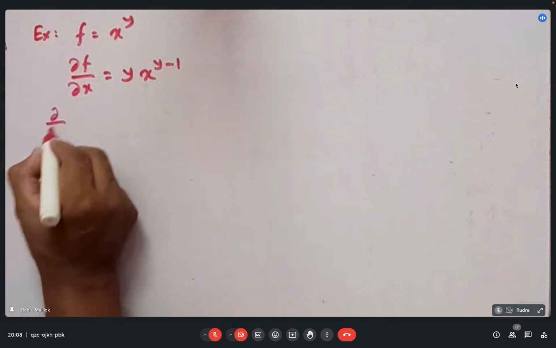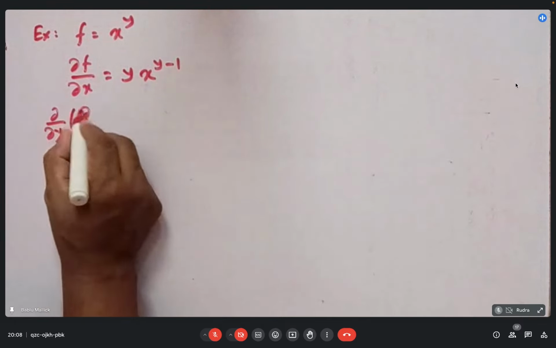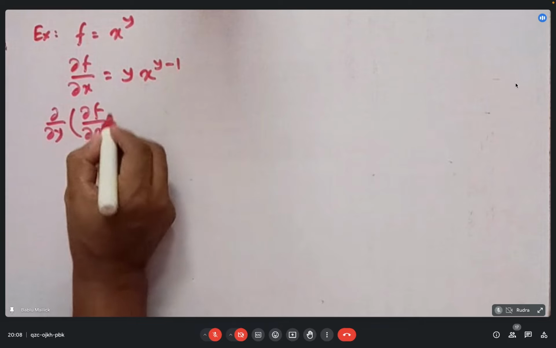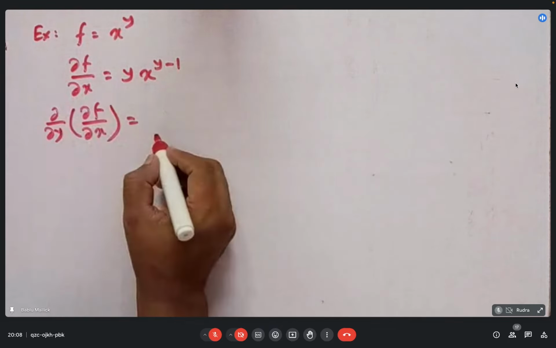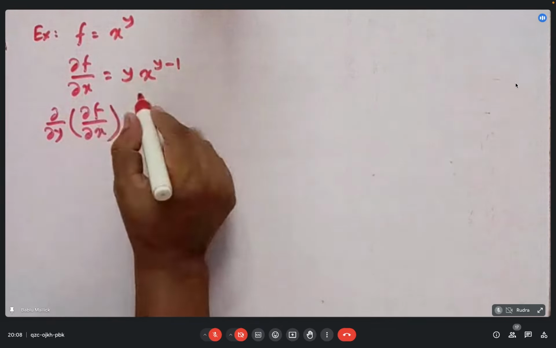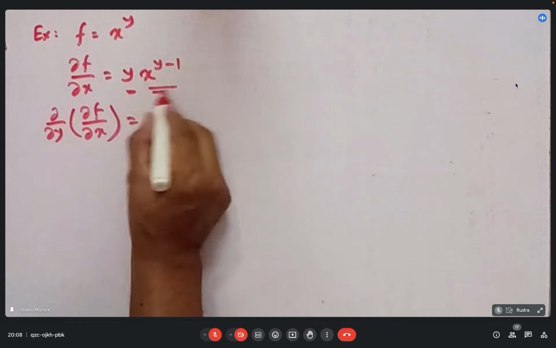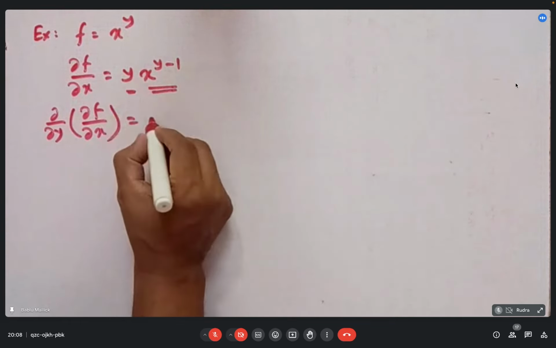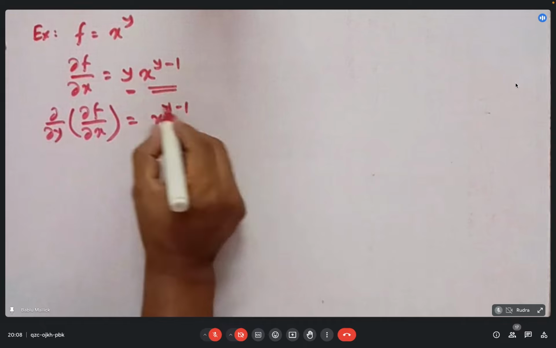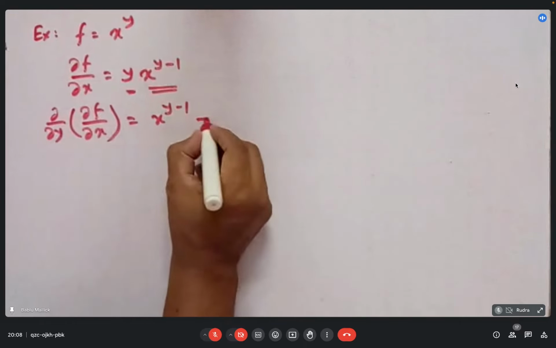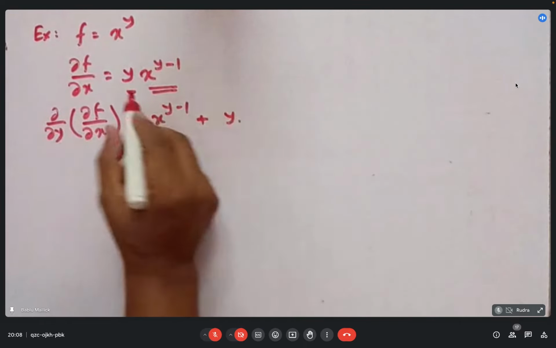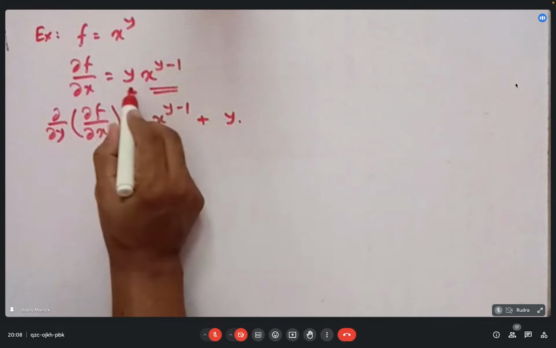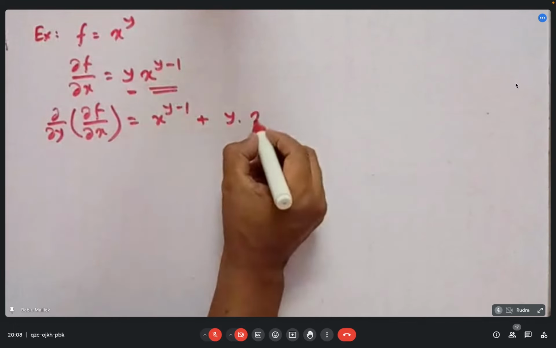Now if I differentiate with respect to y, then del y of del f del x is equal to, using the product rule, x to the power y minus 1 times the derivative of y, which is 1, into y, plus y into its derivative.